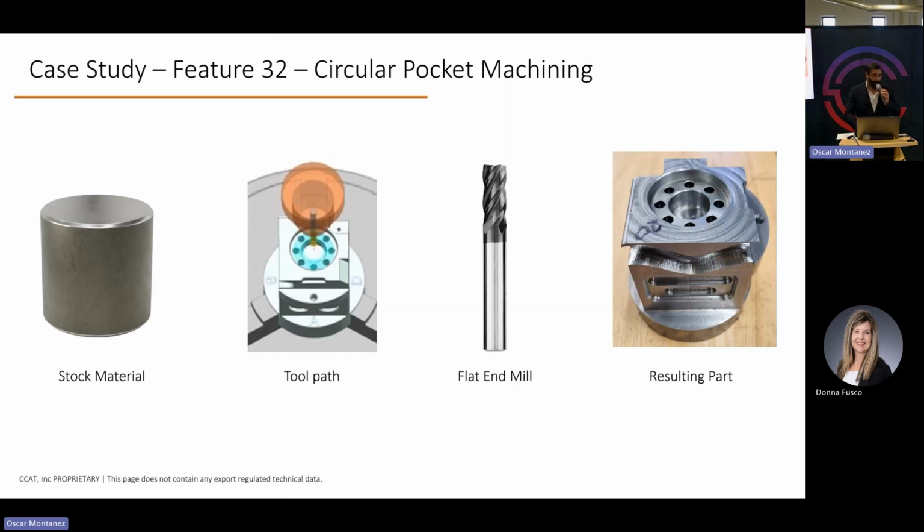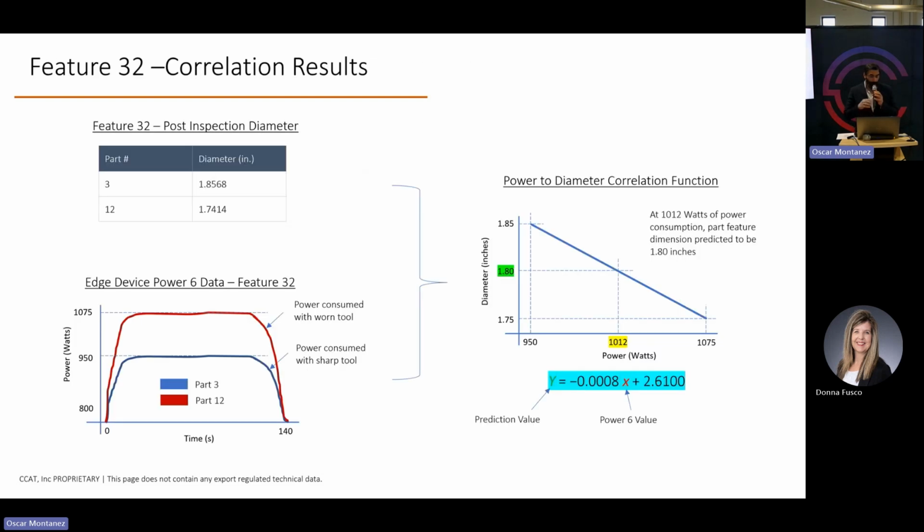Here's a quick example. Stock material on the left, we're producing that circular feature at the top. We've got a flat end mill, and that's the resulting geometry at the top that we're producing. Very quickly, we produce 18 parts. We're measuring the diameter of part number 3 and part number 12. At part number 3, we're hitting 1 inch 856 thousandths.